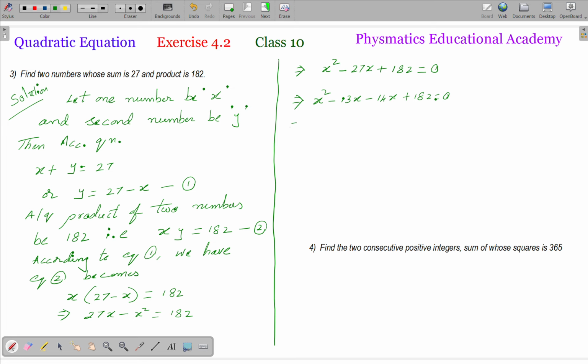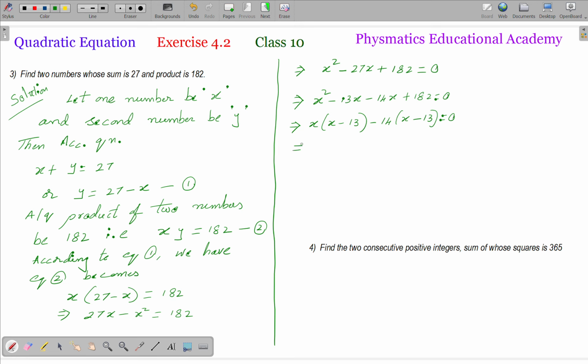Then further simplification, taking x as common from the first and second terms, x minus 13, and 14 as common from the third and fourth terms, 14 times x minus 13 is equal to 0. This is by using the middle term splitting method.